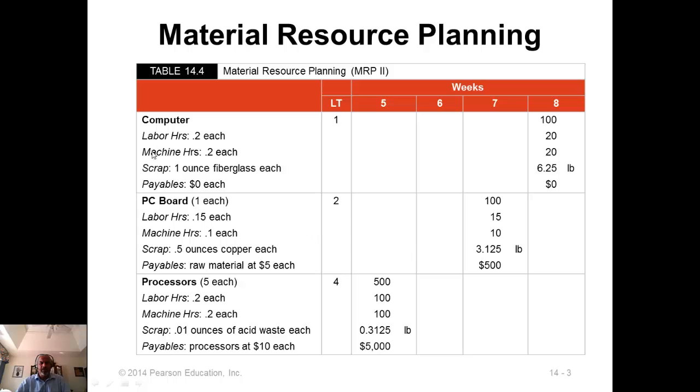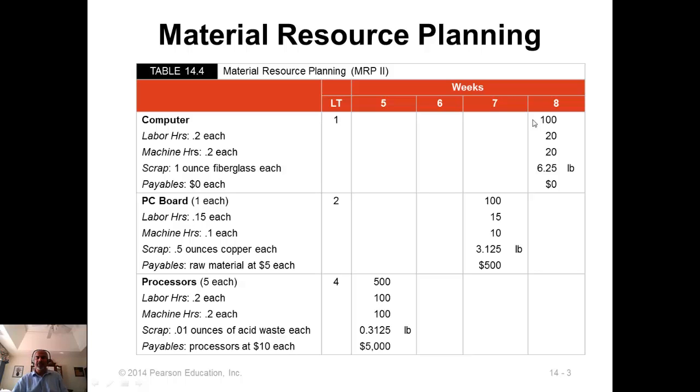In the original MRP, it was only the number of units. So if you want to produce 100 units of computer, then you need 100 units of the PC board, one each, and then 100 times 5 processors, 500 processors. So the first number that we see in this table is the only one that we dealt with in the original MRP.